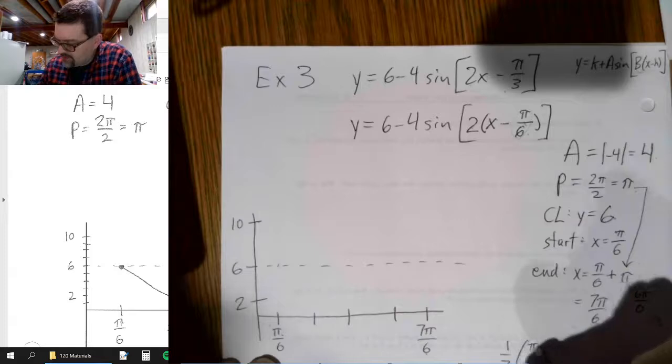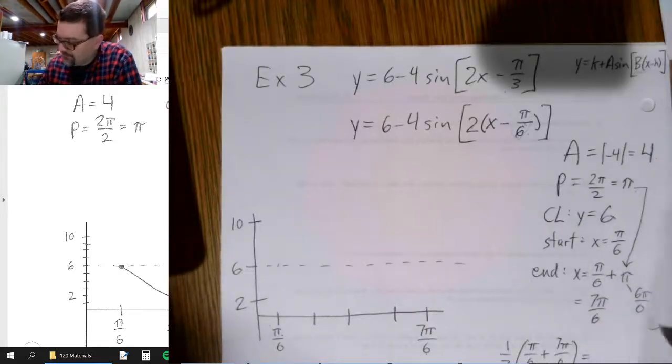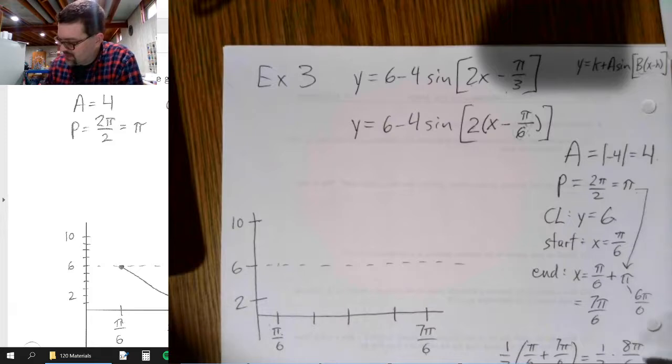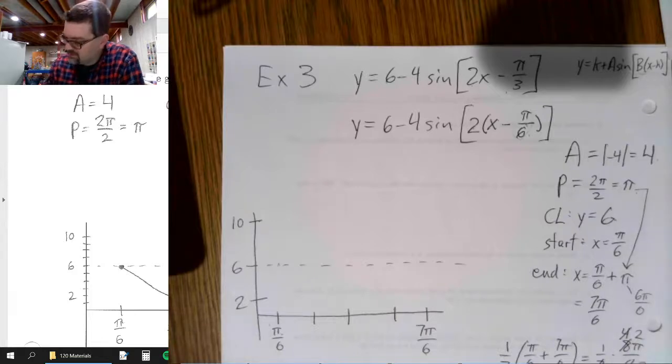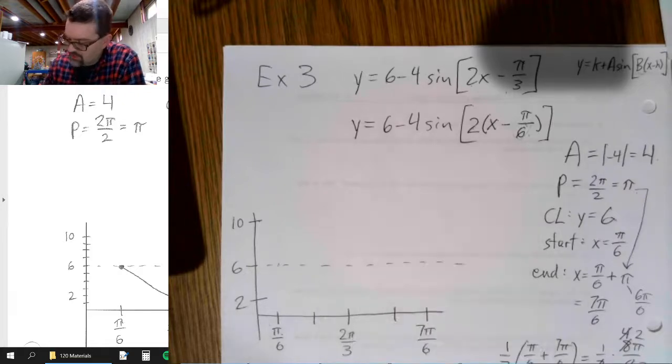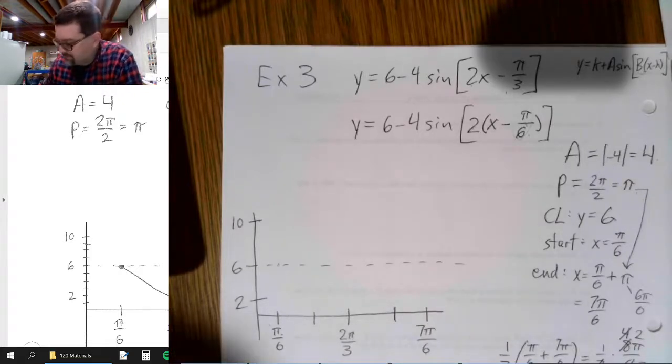So 1/2 of pi over 6 plus 7 pi over 6 is 1/2 times 8 pi over 6, which leaves us with a lot that can cancel. We can cancel the 2 and make the 8 a 4. We can cancel part of the 4 with the 6 in the bottom. And what we actually get is 2 pi over 3 in its most simplified form.